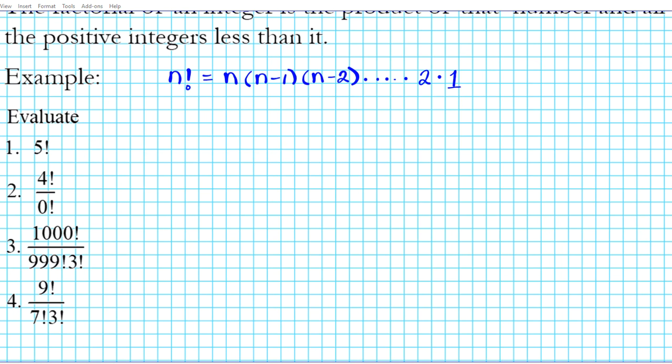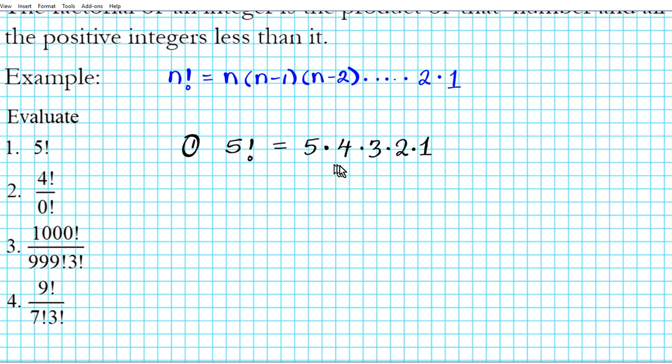In number 1, we are to evaluate 5 factorial. Okay? So for number 1, what is 5 factorial? Now all you just have to do is count down from 5 all the way to 1. You have 5 times 4 times 3 times 2 times 1. So count down from 5 all the way to 1 and just find the product of all the integers between 0 and 5.